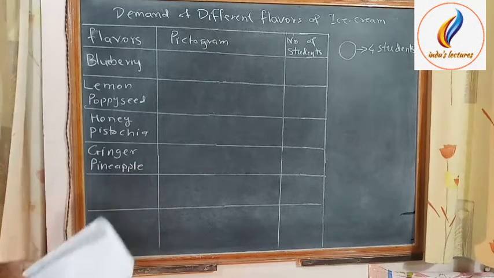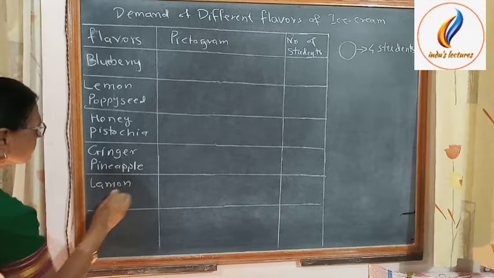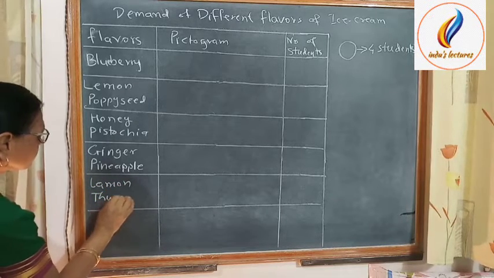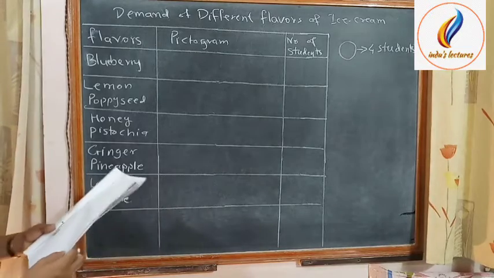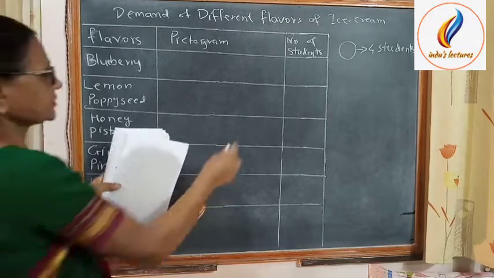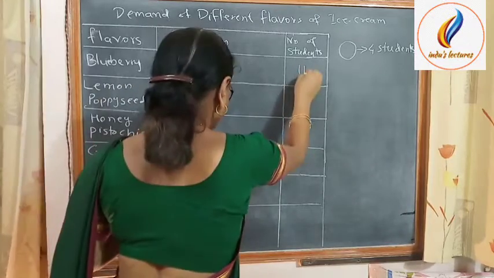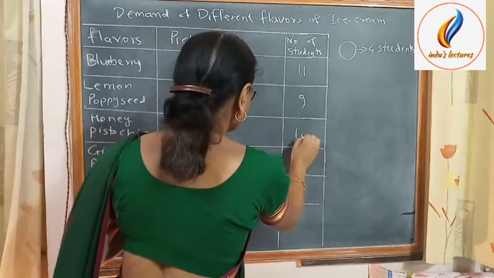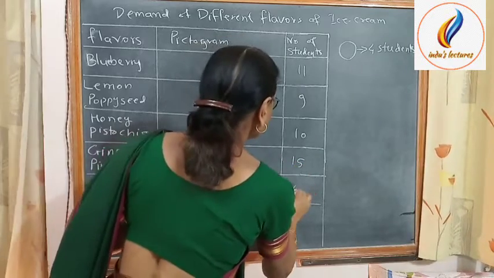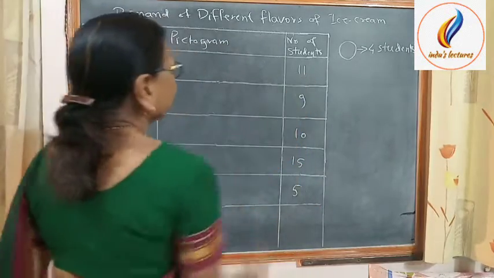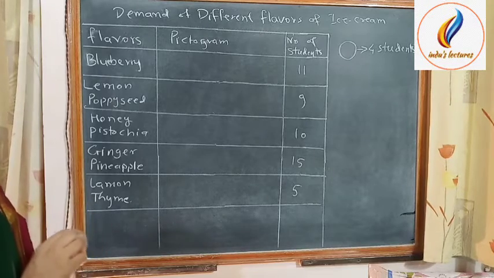And last is lemon thyme. Now the number of students are: blueberry 11, then 9, 10, 15 and 5. Here the frequency is 11 and one circle represents 4 students.